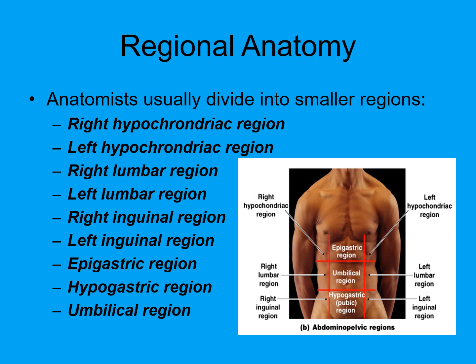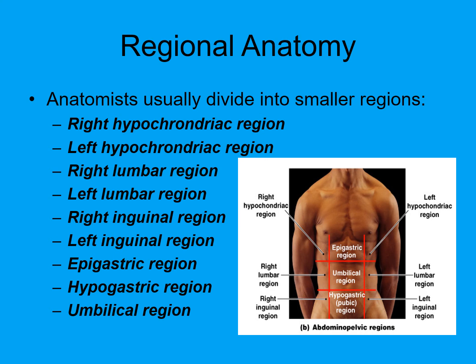You may not actually see the person that you have to relay this information to, so they're going to have to go off your notes. Well, the patient has a pain in the abdominal pelvic region. Well, okay, can we narrow that down? Because that could be this whole entire region right here. That's not helping me a whole lot. So let's narrow it down.